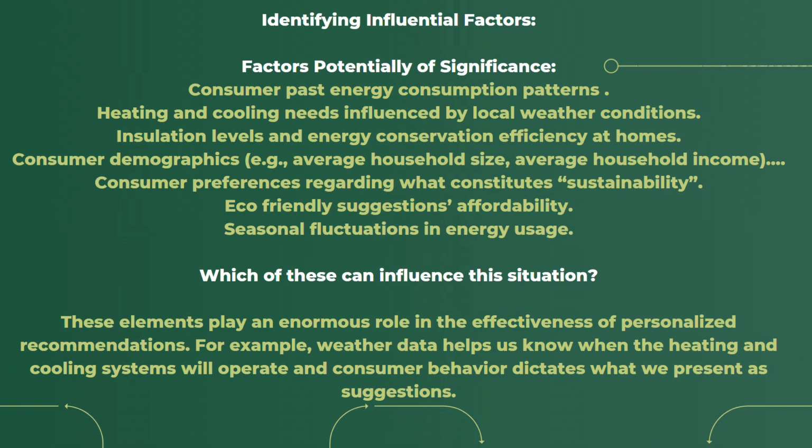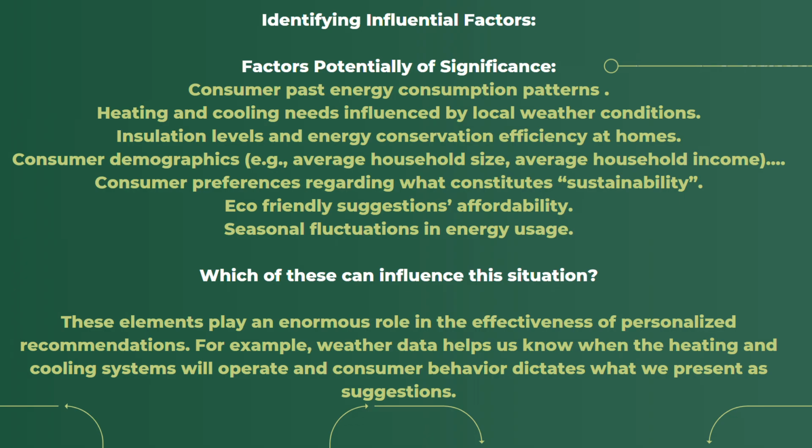Identifying influential factors. Factors of potential significance: consumer past energy consumption patterns, heating and cooling needs influenced by local weather conditions, insulation level and energy conservation efficiency at homes, and consumer demographics, for example average household size and average household income.